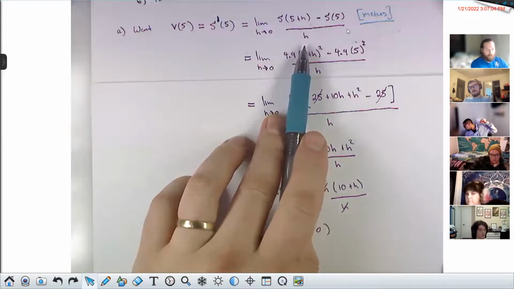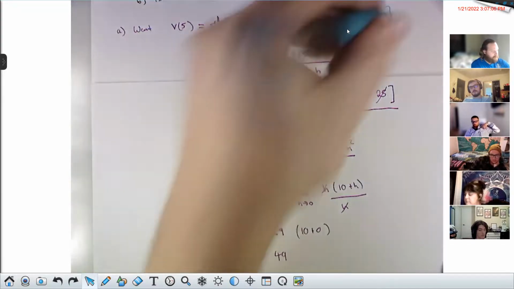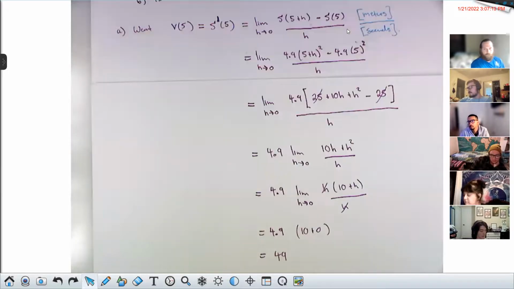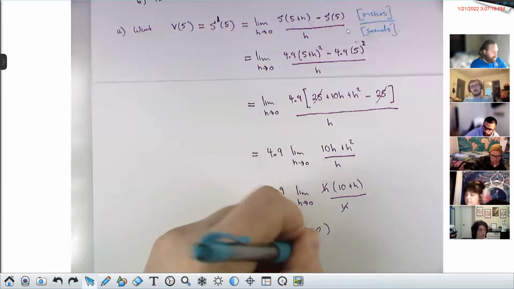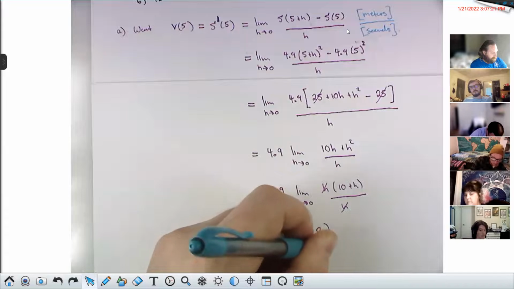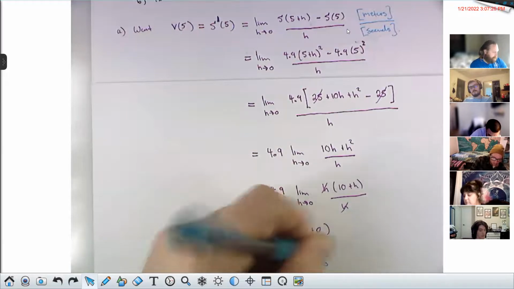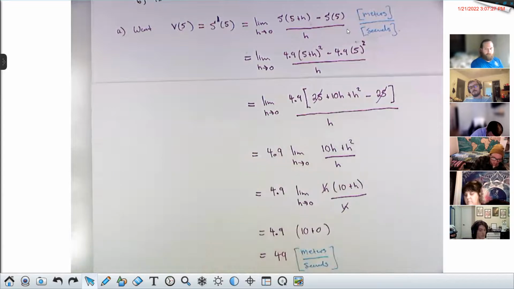The inputs for the function s are times, t, measured in seconds. So throughout this, the numerator has units meters and the denominator has units seconds. So this guy has units meters over seconds, or just meters per second.